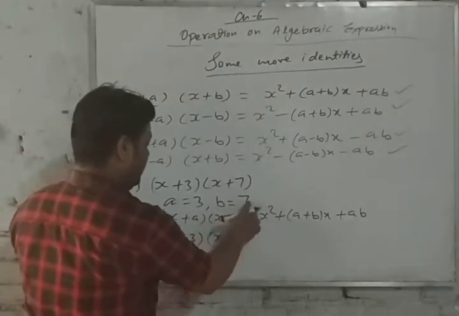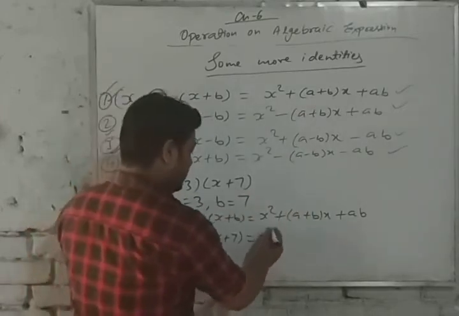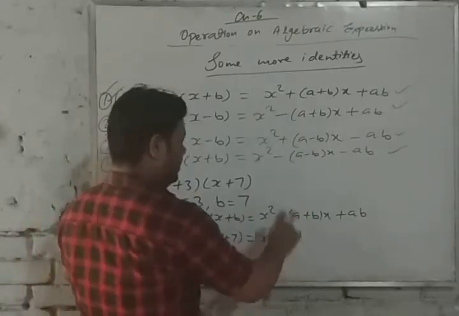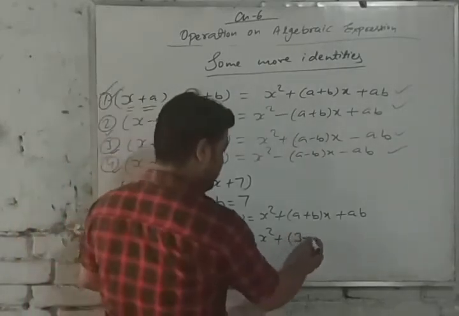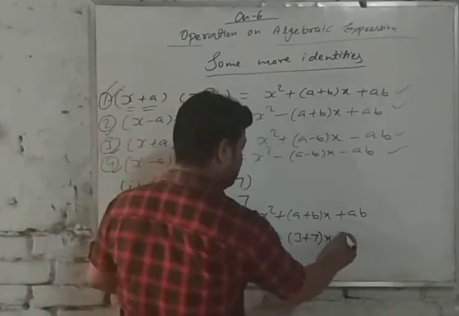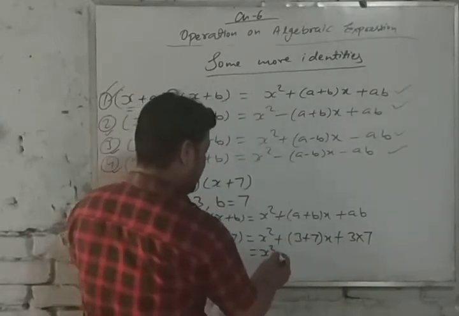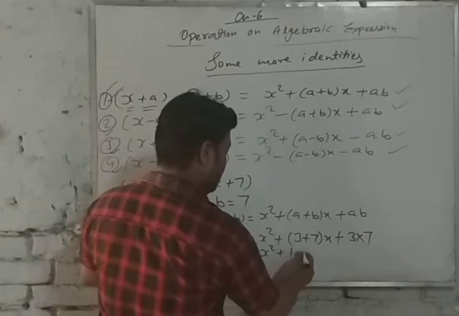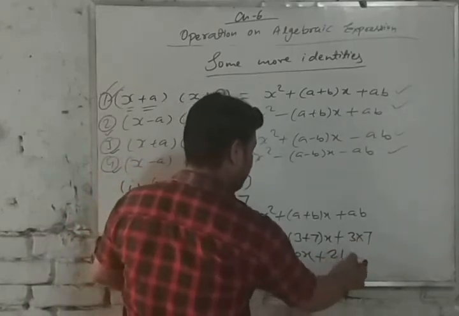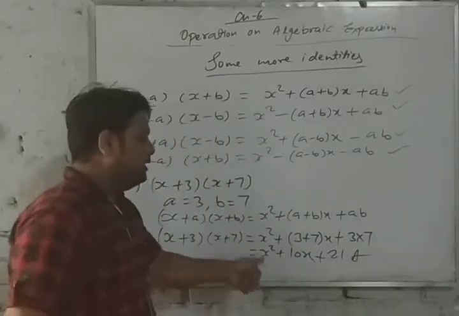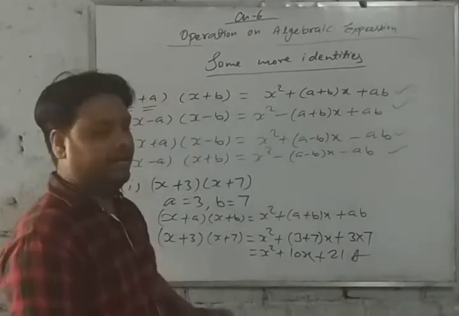Here b we will write 7. Now x square plus, in the place of a we will write 3 and b 7, then x, then 3 into 7. Now x square plus 3 plus 7, 10x. Now remove the bracket and 3 into 7, 21. So we can say that this one will be our answer by using the first identity.